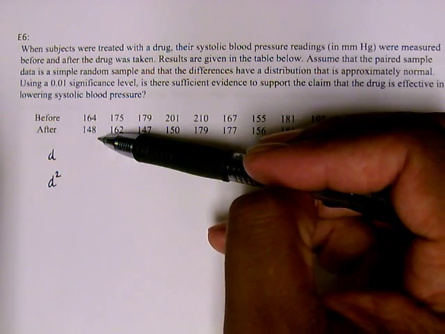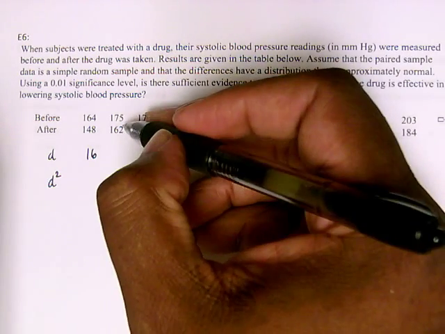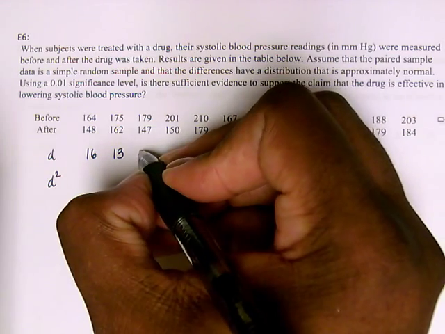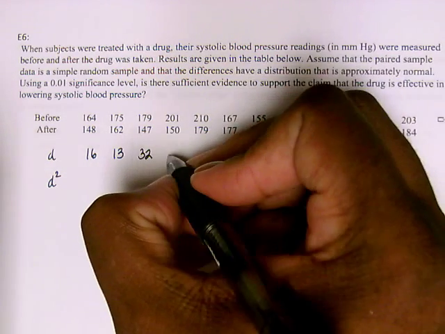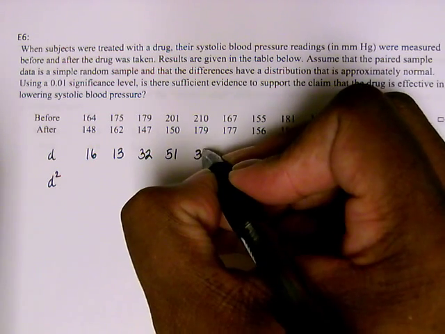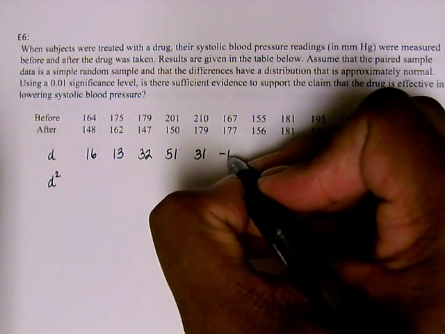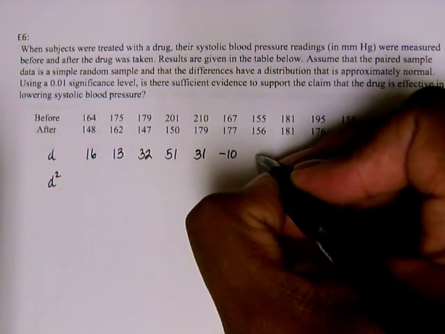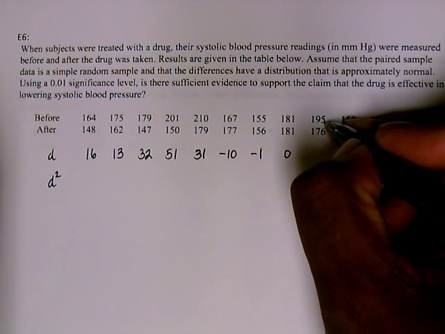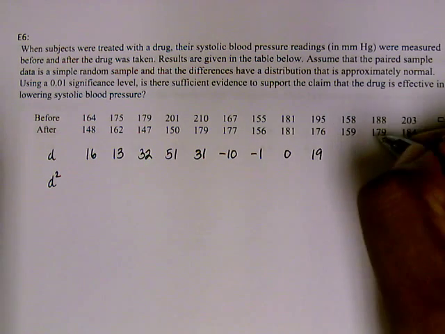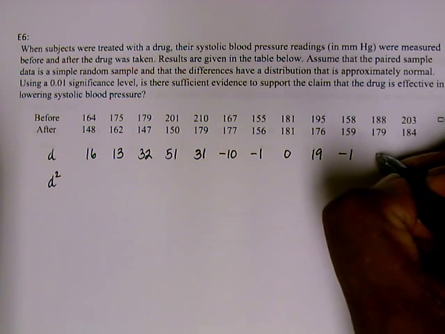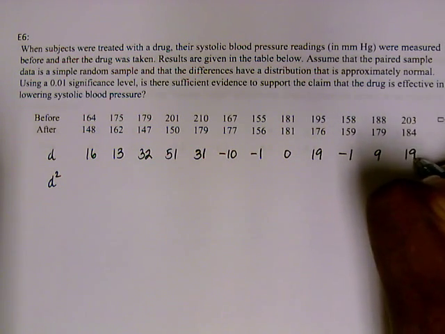So here for this one, 164 minus 148, that would be 16. 175 minus 162, that would be 13. 179 minus 147, that would be 32. 201 minus 150, that would be 51. 210 minus 179, that would be 31. 167 minus 177, that'll give you negative 10. 155 minus 156, that's negative 1. 181 minus 181, that's 0. 195 minus 176, that'll be 19. 158 minus 159, that's negative 1. 188 minus 179, that'll be 9. 203 minus 184, that'll be 19.